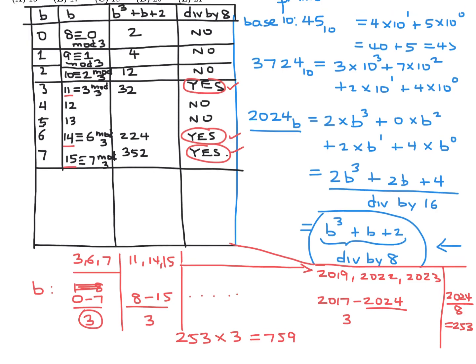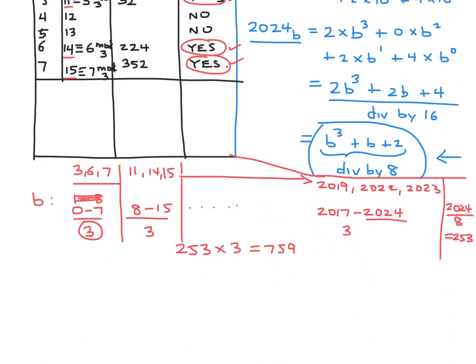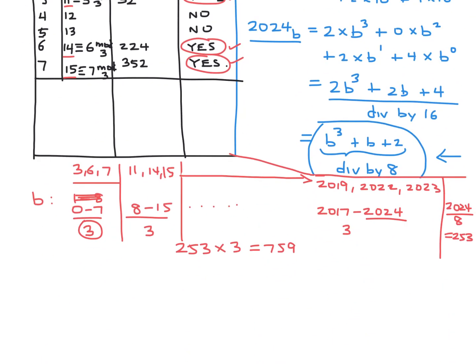But here's the thing, this is a tricky question. b is between 5 and 2024, so it's not between 0 and 2024. So some of these, well, not too many, just this one is disqualified. From this 759, we have to take away 1. Because b is between 5 and 2024, b equals 3 does not qualify.